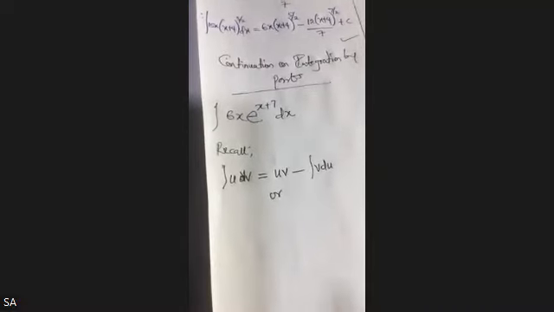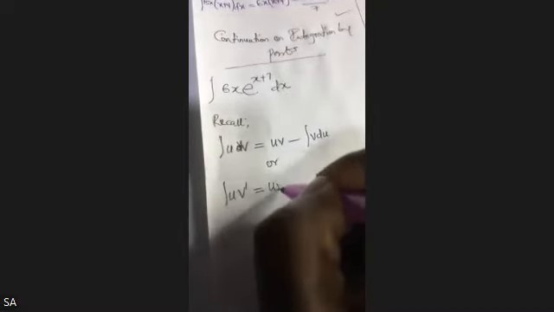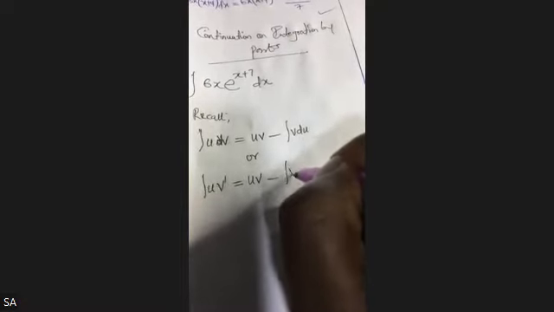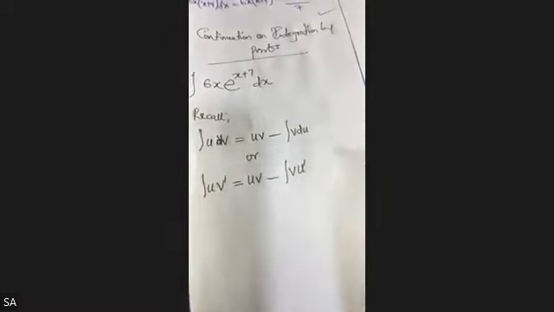Integral of u dv equals uv minus integral of v du, or integral of u v prime equals uv minus integral of v u prime.